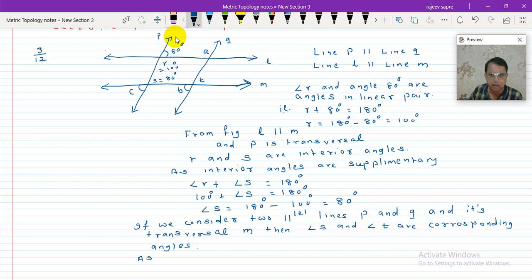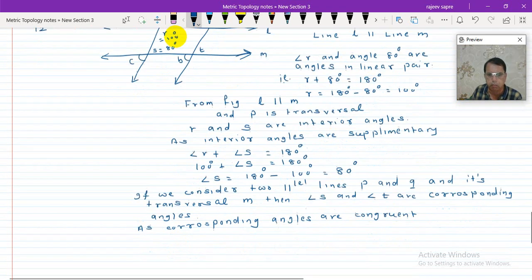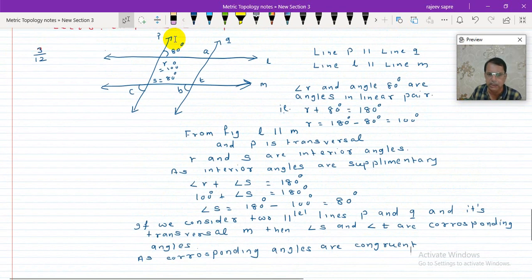As corresponding angles are congruent, angle T is 80 degrees. Now once this angle is 80 degrees, see, now you can say this is 80 degrees.